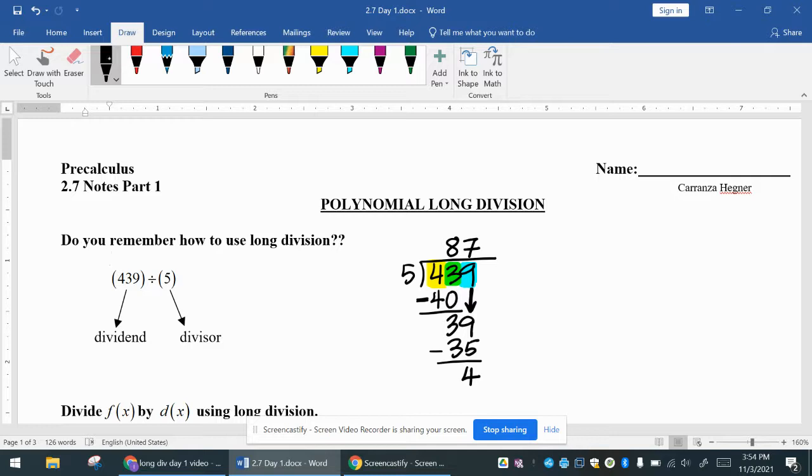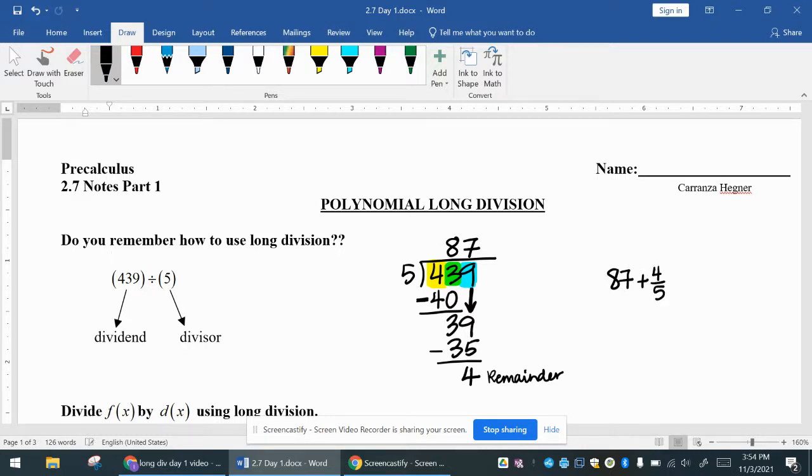Remember that the 4 was called a remainder. And the official way to write a remainder is to put it over the divisor. So for example, the answer to this question of 439 divided by 5 is 87 and 4/5.